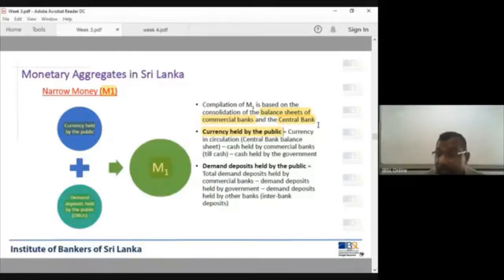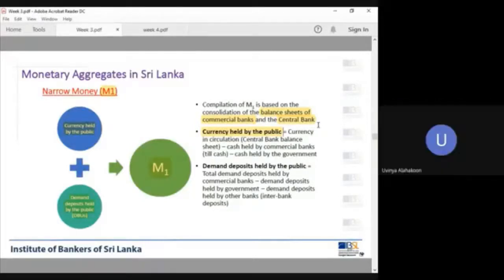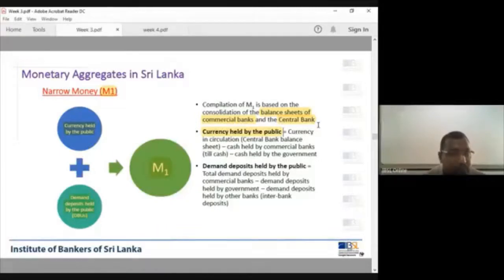So is it the same currency here or different? When you read these few words, currency held by the public, is it the same as reserve money or different? I'm asking you. Same. Any other answers? Conceptually, it's the same. Why? Currency is in the public domain, in public hands.